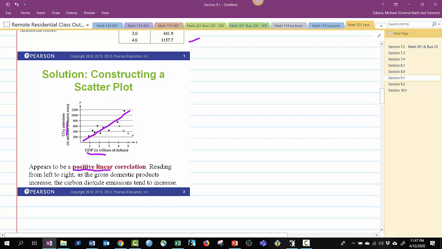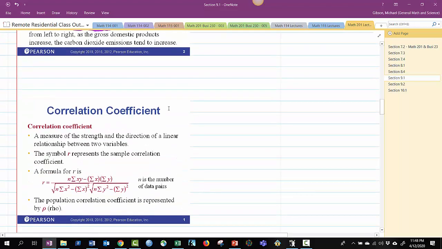If we actually calculate the strength, it turns out to be pretty strong. So this is what it looks like to have a correlation. Typically, you make the scatter plot, and if the points look like they're following the pattern of a line, at least loosely, it means there is a correlation. If they weren't following any kind of linear pattern, then you'd say there's not one.